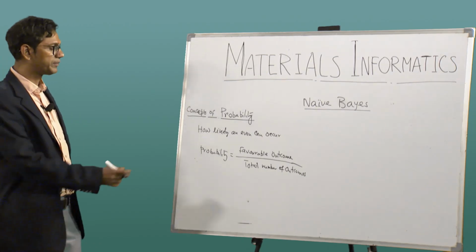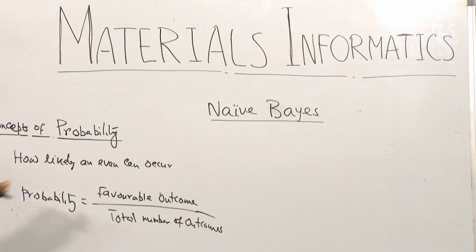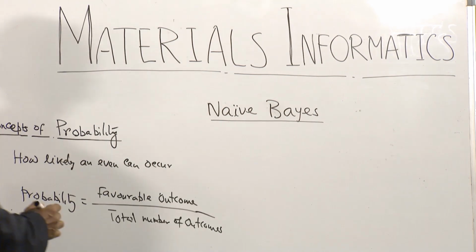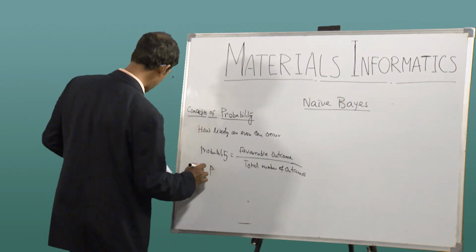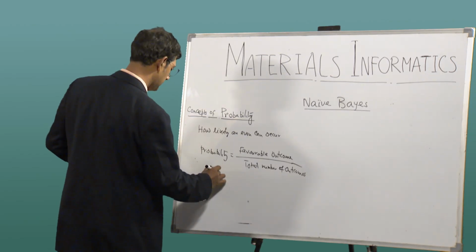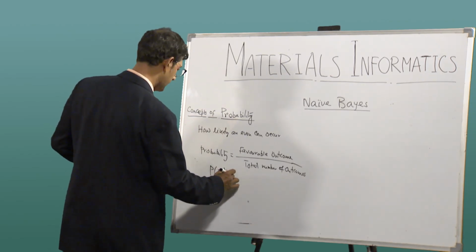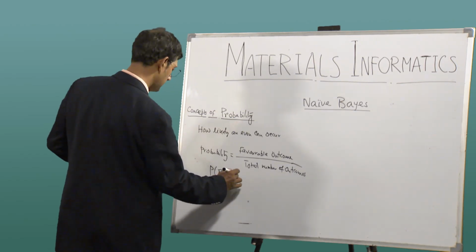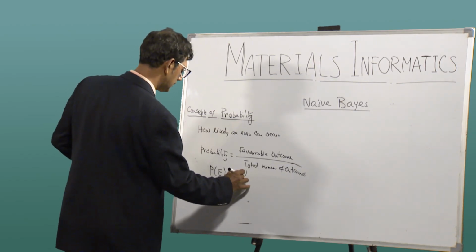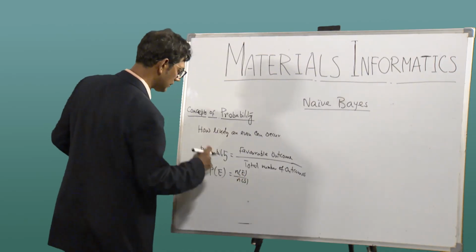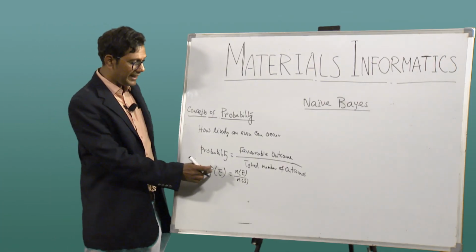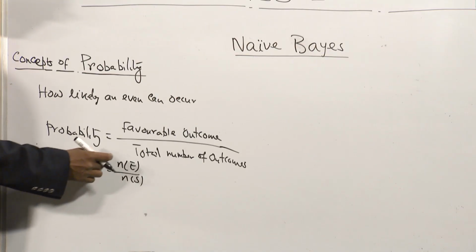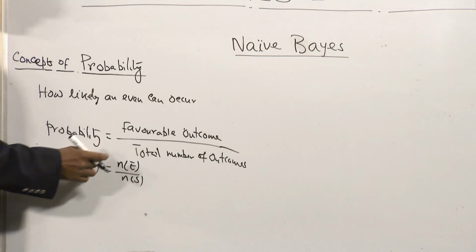This is what is used for the calculation of probability. Favorable outcomes divided by total number of outcomes. And we can always write P, probability of any event or experiment E, equal to N(E) divided by N(S). So here N(S) is the total number of outcomes and N(E) is the favorable number of outcomes for E.